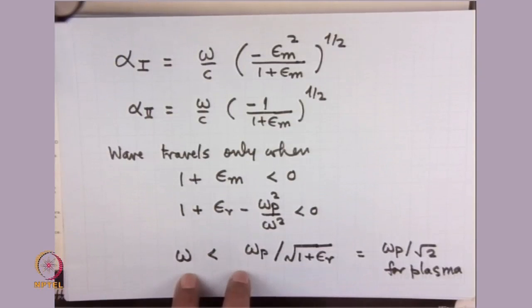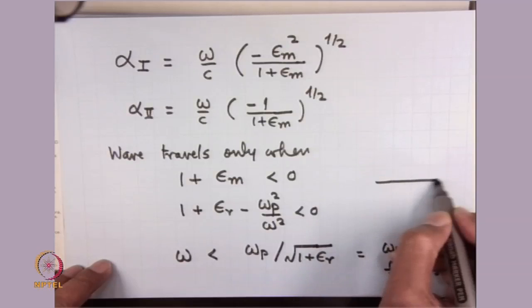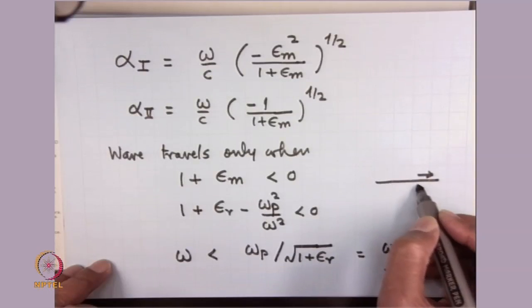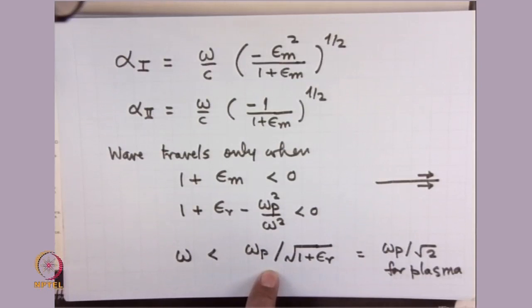So there is a limitation that the waves which have to travel as surface waves along the interface between two media, their frequency has to be below a certain quantity, and this quantity is called the surface plasmon resonance frequency.